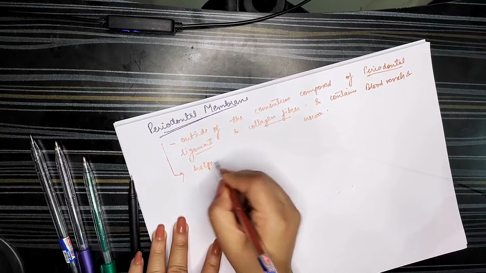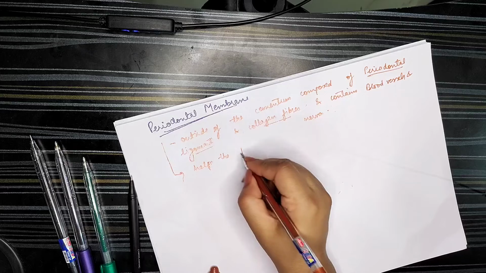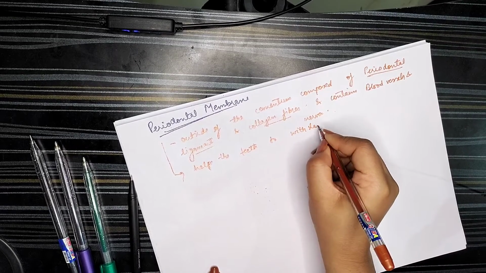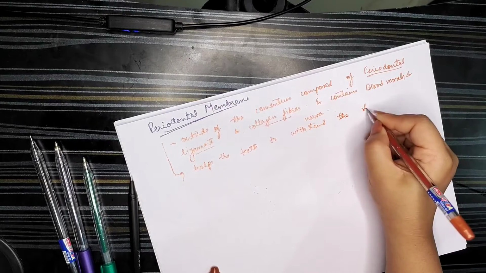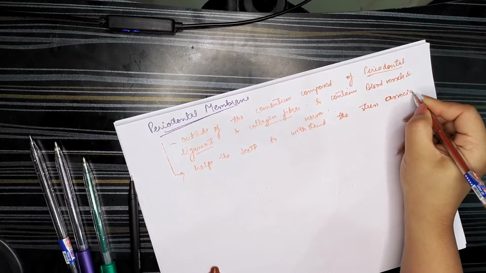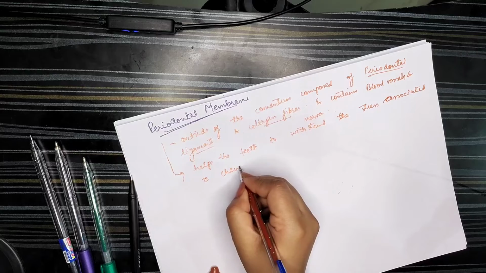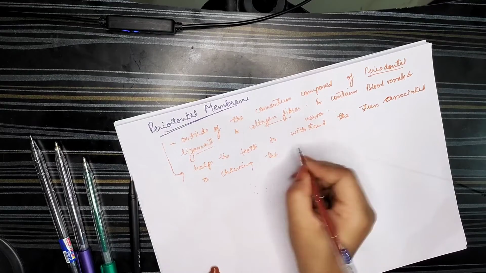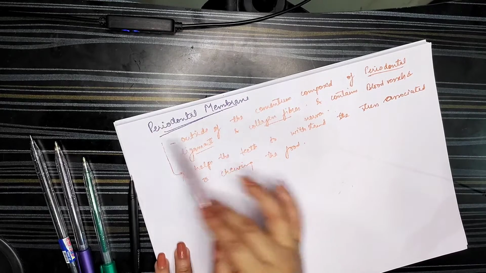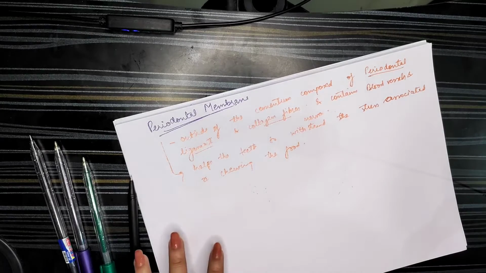Now this membrane helps the teeth to withstand the stress associated with chewing food. Okay, so I will also explain the periodontal membrane in detail in some other video.